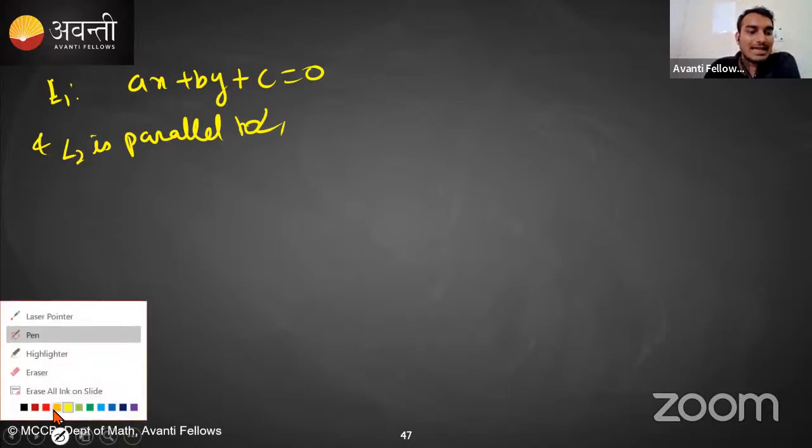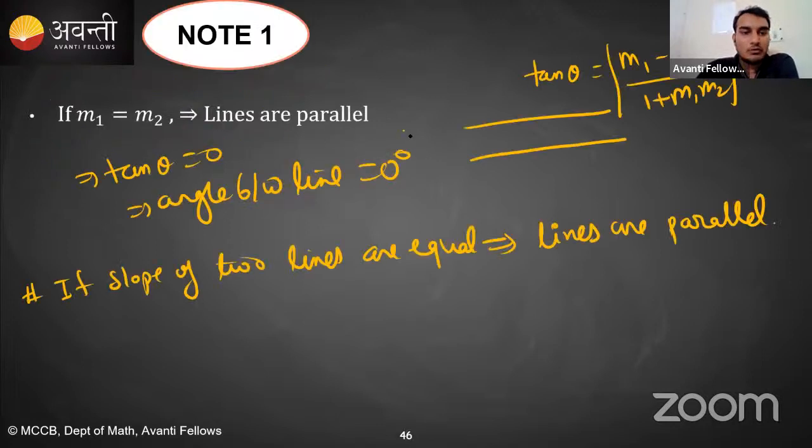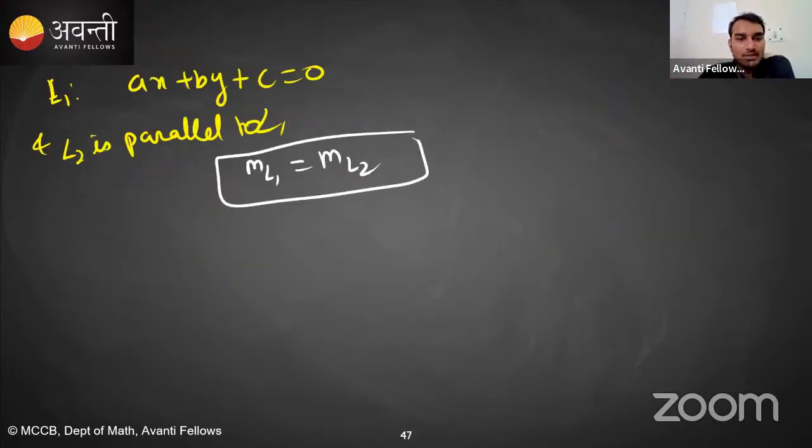So it means the slope of L1 is equal to the slope of L2, which is quite obvious, which we have just proved. If two lines are parallel, it means the slopes of them are equal.